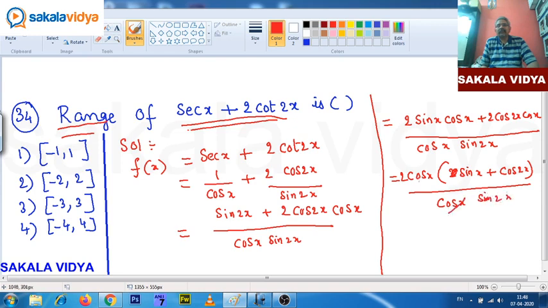This cos x gets cancelled, we have like this. Again this is sin x, the cos 2x we can write 1 minus 2 sin square x. By this we can write 2 sin x.